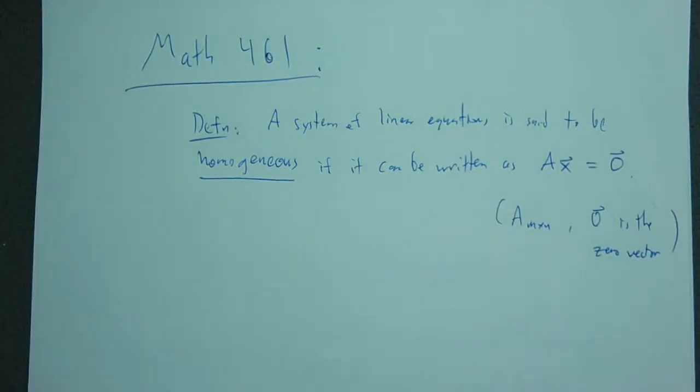So if your system of linear equations can be written like this, it is a homogeneous equation.